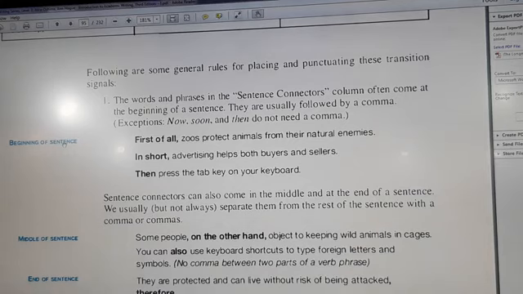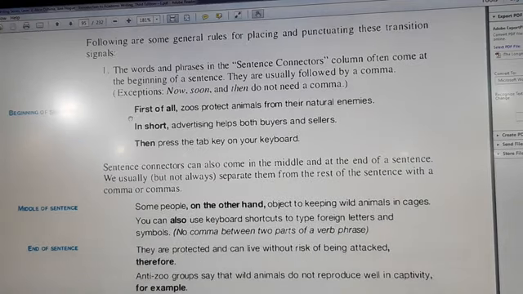Of course, the use of these expressions and words isn't without rules: how to place them, how to punctuate them. So here we have certain rules about how to use transition words. The words, phrases and sentence connectors, here we talk about the first class of transition words, should be followed by a comma if they occur at the beginning of the sentence. So first of all, initial in the sentence, I place a comma after them, okay?